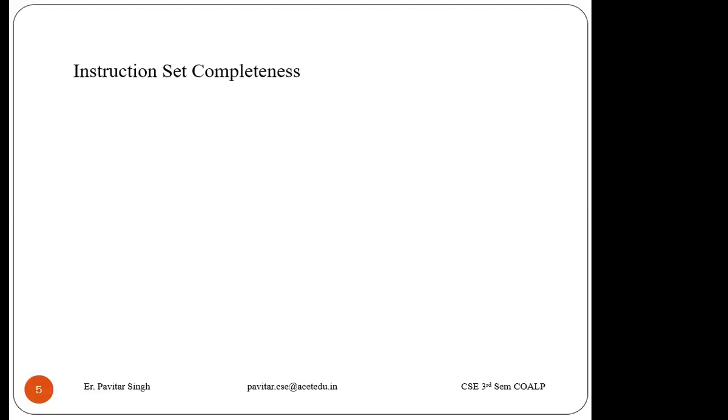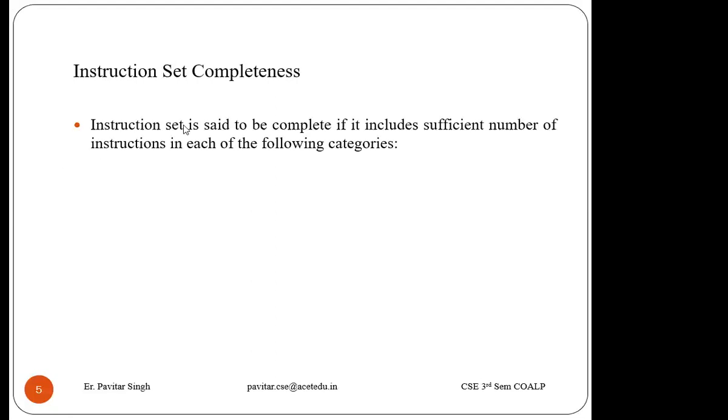Next topic is instruction set completeness. An instruction set is said to be complete if it includes a sufficient number of instructions in each of the following categories.